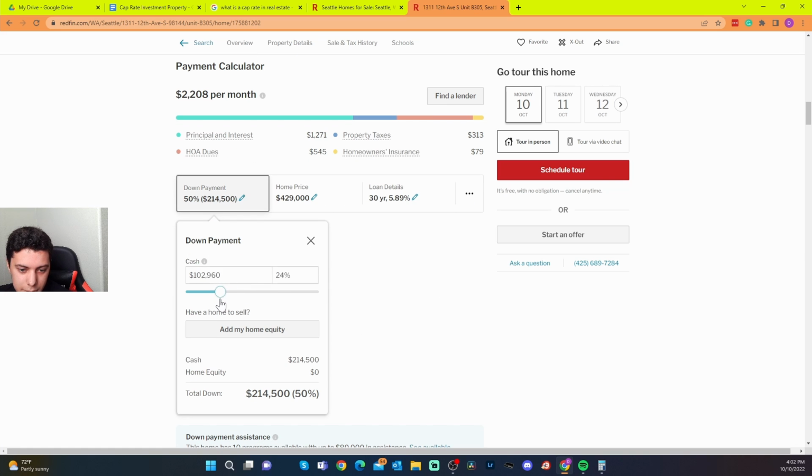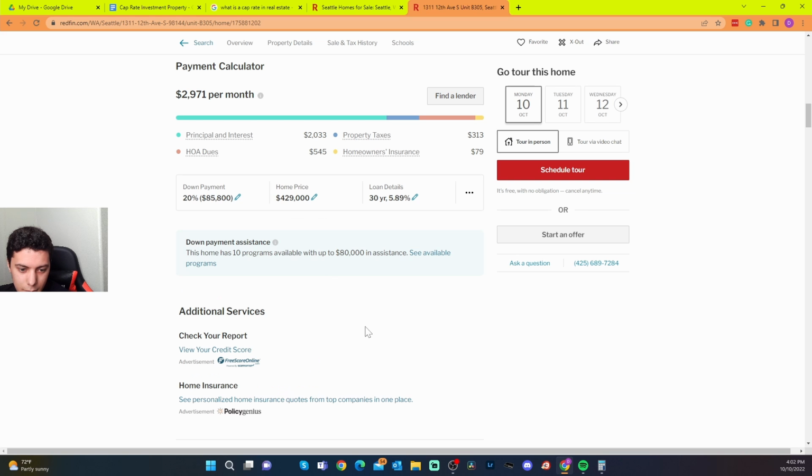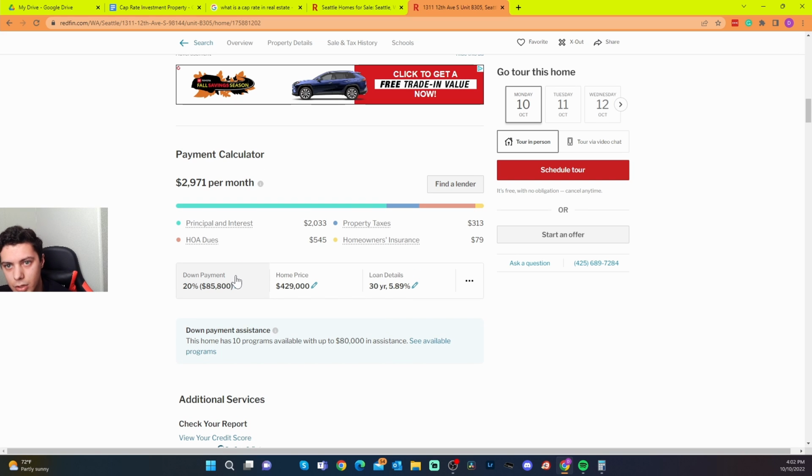Let me go 20%. You don't want to go above 30%; 20% is a good spot to start. So that's only $85,800 for a $430,000 property. The lenders are going to be way different on the interest rates.